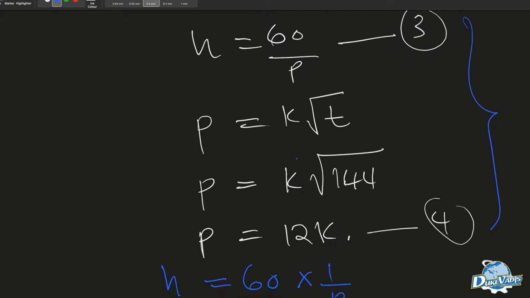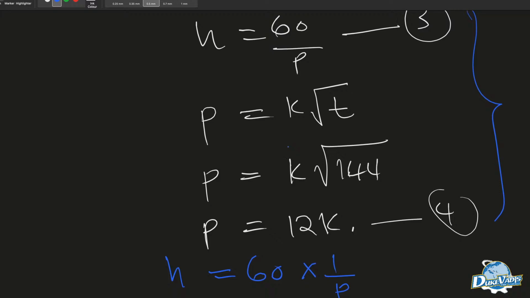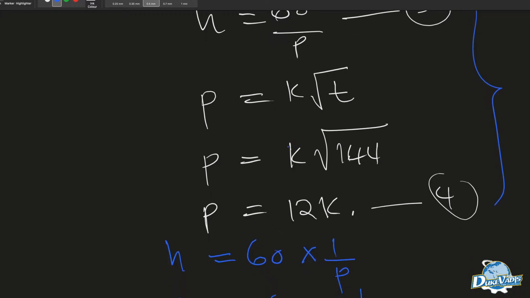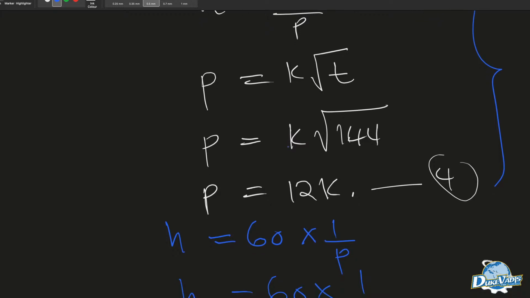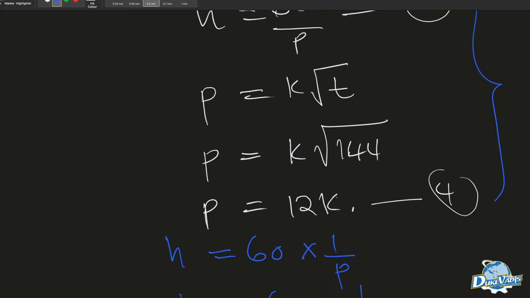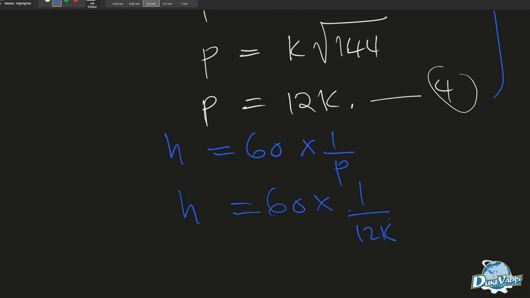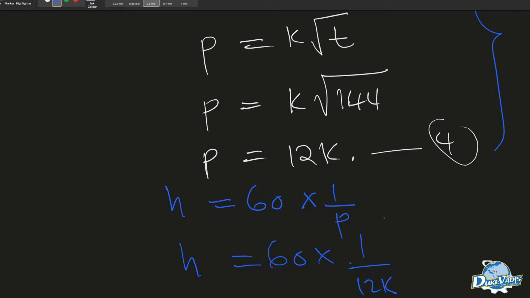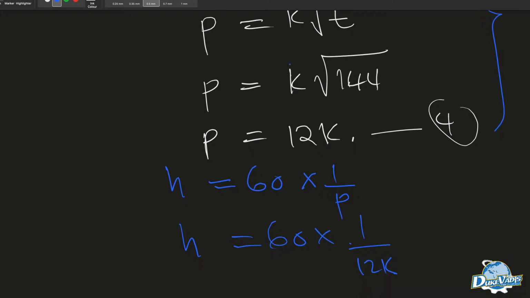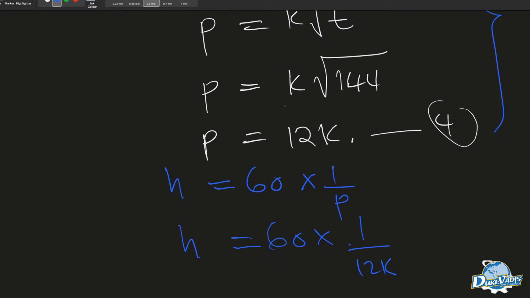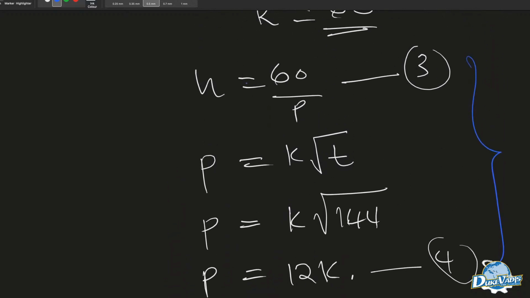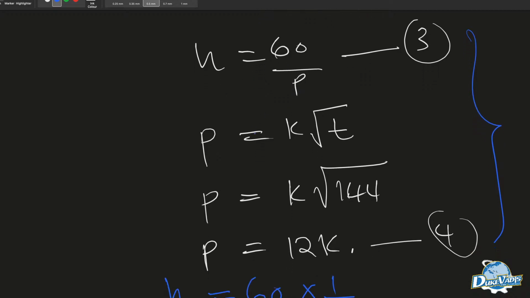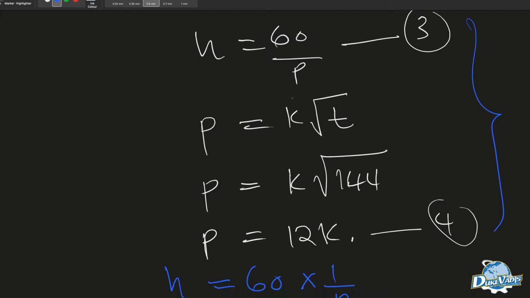So now we know k. The value of k will be p over 12. Since we know the value of k, we have h to be 60 over p, and that will help us eliminate p.